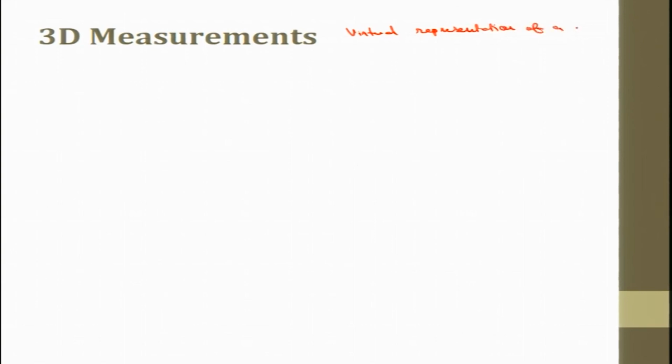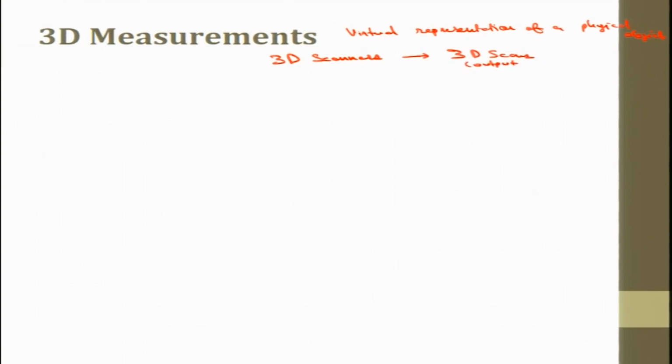Now, 3D scanners are optical devices used to create 3D measurements or 3D scans. If I say 3D scanners, the outputs are known as 3D scans. 3D scan is the output.